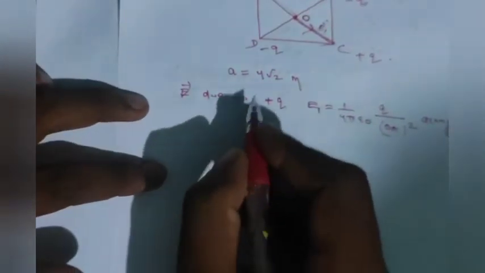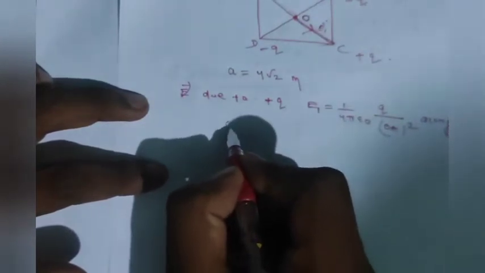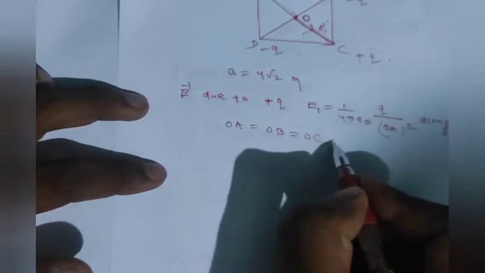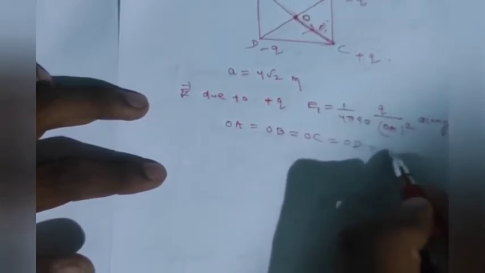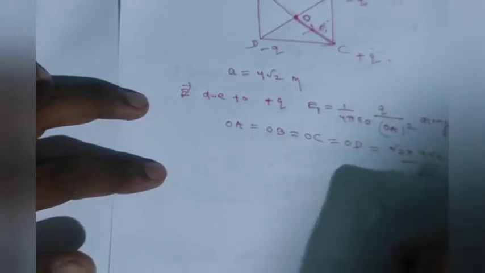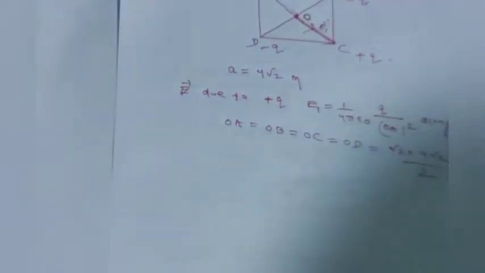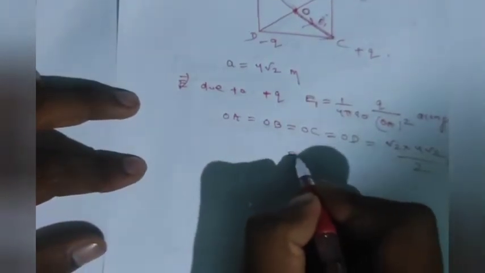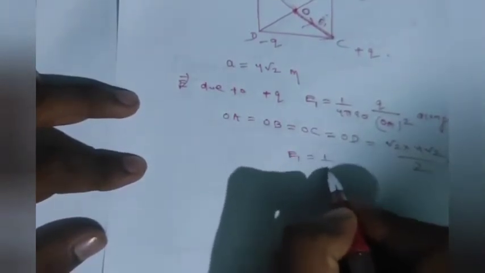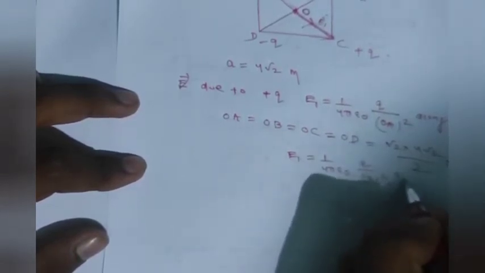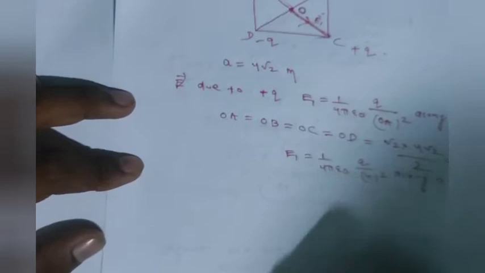And if we determine the distance OA, OB, OC, OD, it will be 4√2 by 2, simply 4. So E1 will be 1 by 4 pi epsilon q by 4 square along OC.